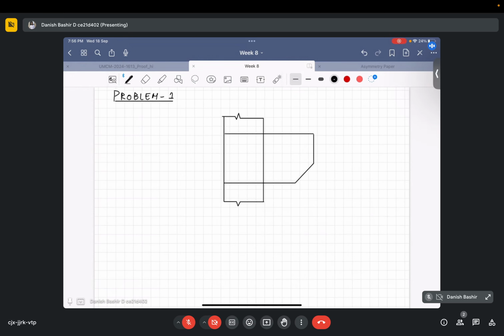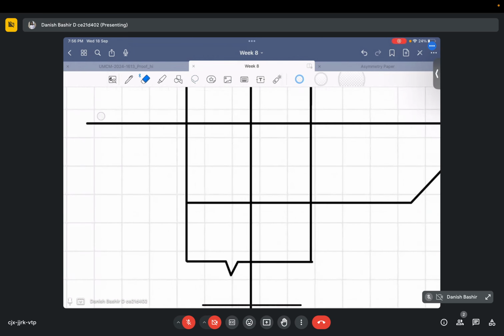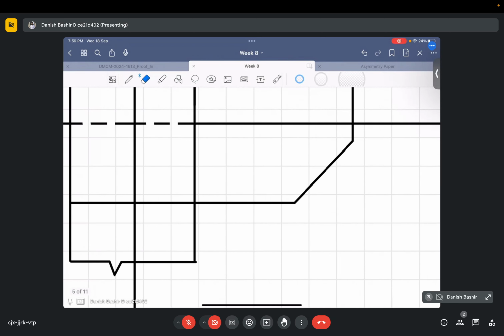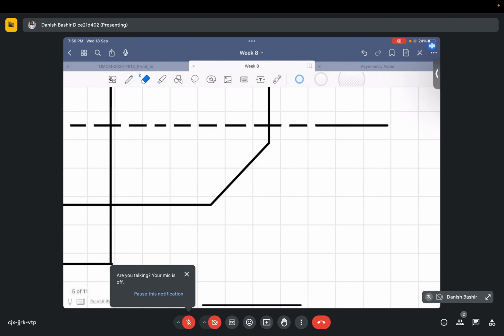We are having this section attached to this, and the central line is this. Another central line is this. We have to make them dashed like this.